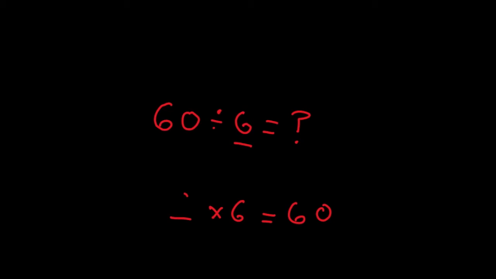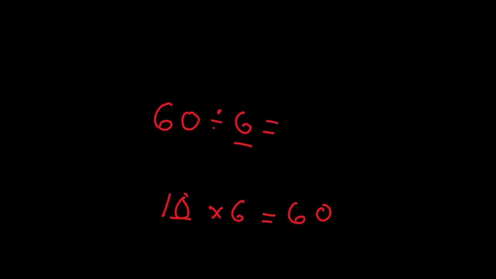So we know that 10 times 6 equals 60, which would mean that 60 divided by 6 would equal 10. Sorry, not 60, 10, guys. I had 60 in my mind.